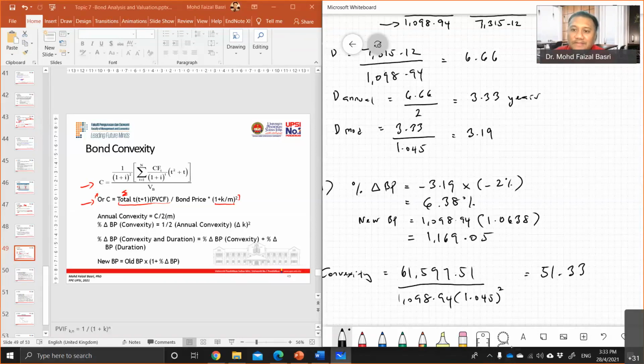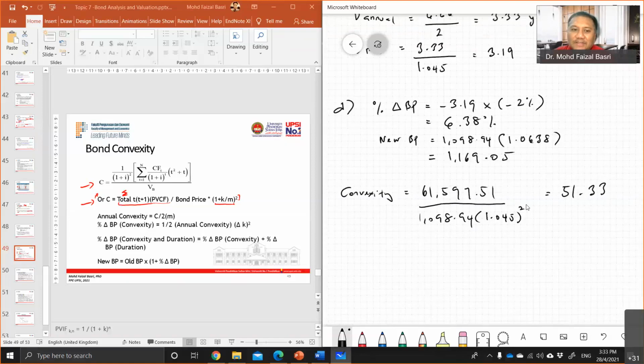Again, this convexity is not based on annual yet, because everything we still use is based on period, with a maximum of 8, which is based on semi-annual. To get the annual convexity, it will be C, the convexity that we used earlier, divided by 2 times M. The 2 is fixed, and we multiply it with M. In our case, M is always 2 in this question, semi-annually.